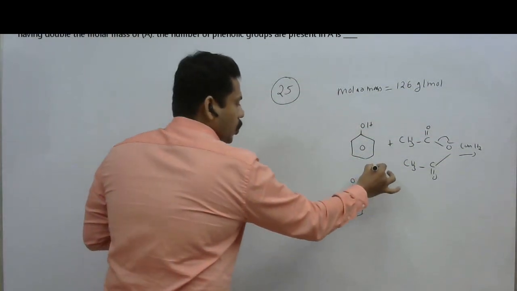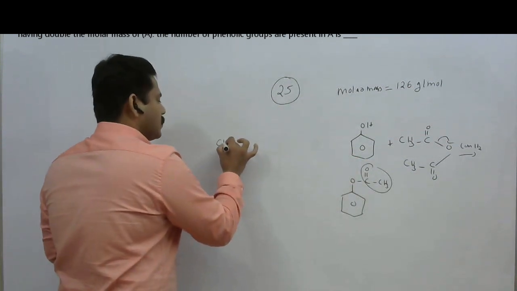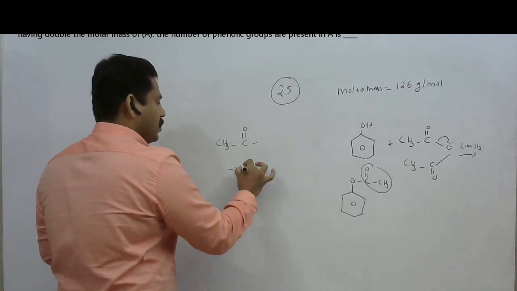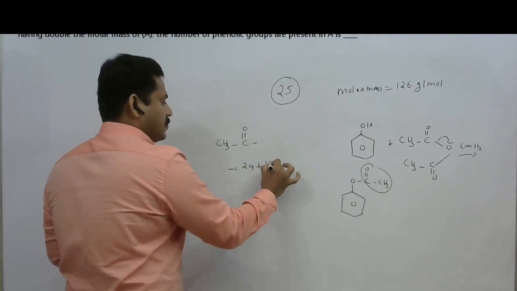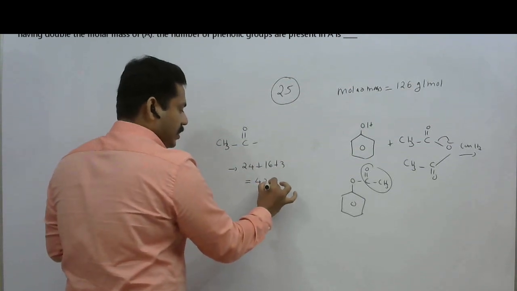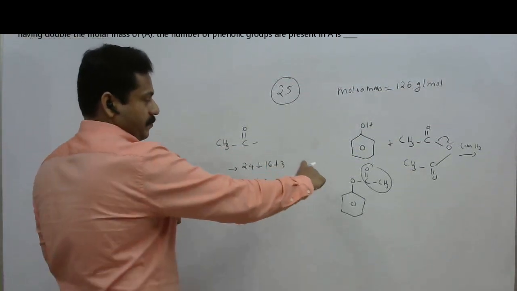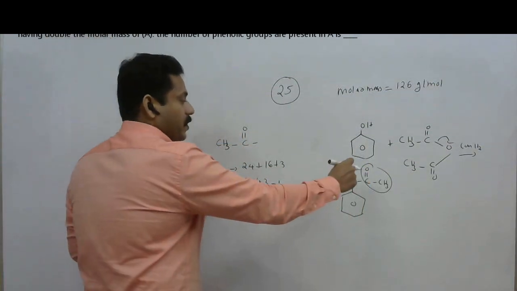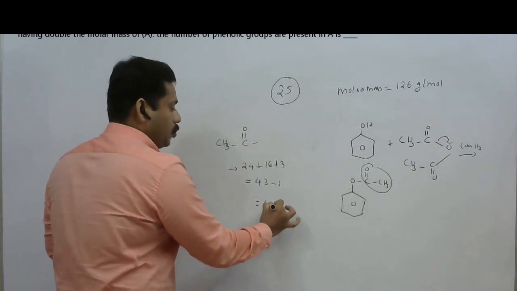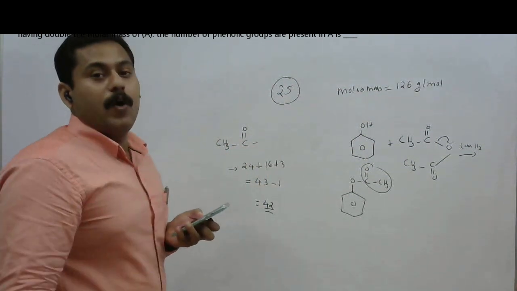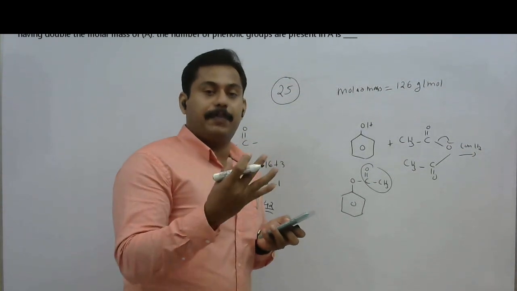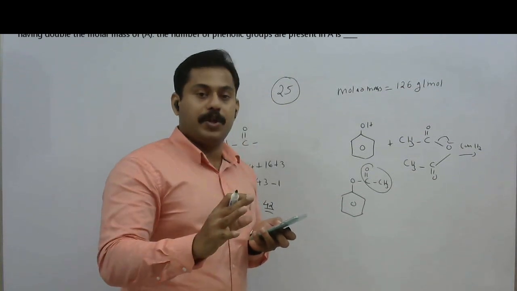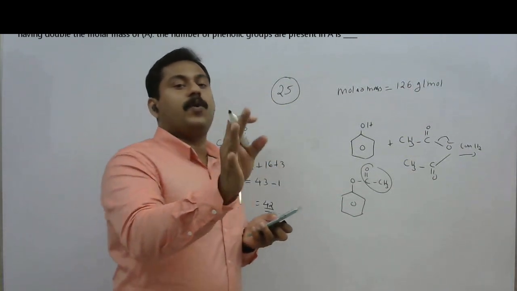We are introducing the CH3C double bond O group. So how many carbon atoms are there? 2. So 24 plus 1 oxygen, 16, plus 3 hydrogen, so it is 43. But I am replacing hydrogen by the CH3CO group, so 43 minus 1 because this hydrogen is replaced. So 42 will be there. When one hydrogen is replaced by a CH3CO group, its mass will be increased by 42. Based on that only we can find out.